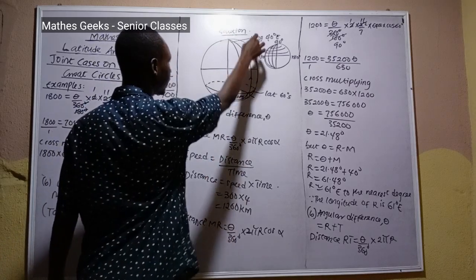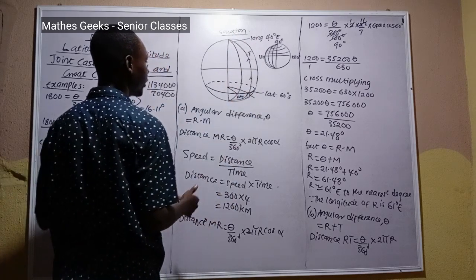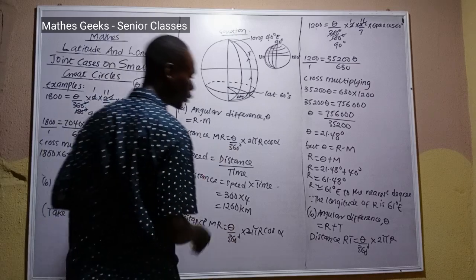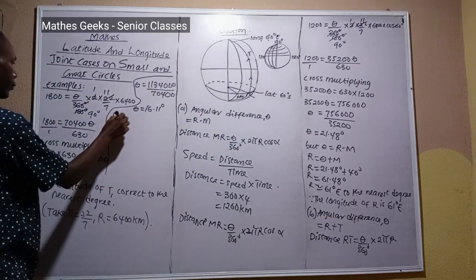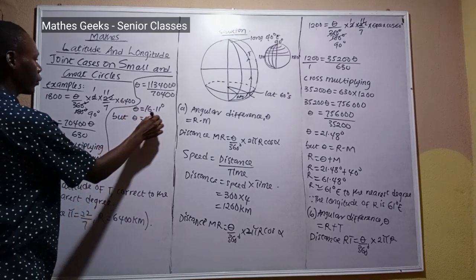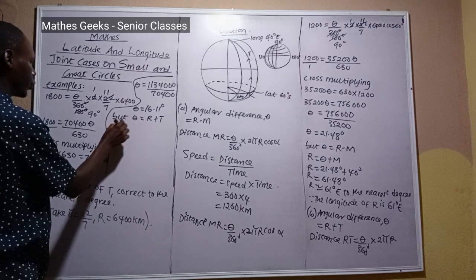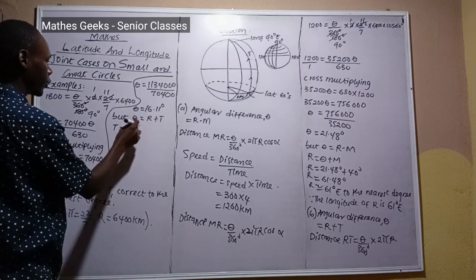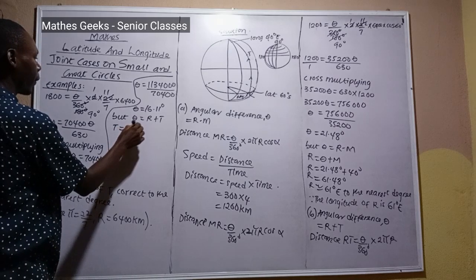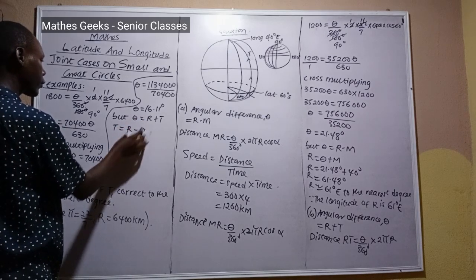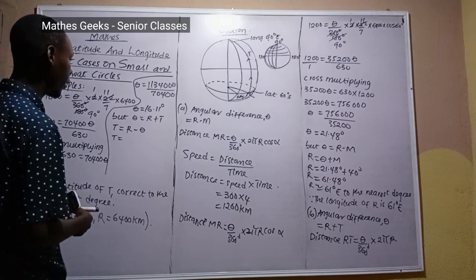Since T is in the northern hemisphere and R is in the southern hemisphere, to get the angular difference you would have added R plus T. So following that, theta is equal to R plus T. And now we're looking for the latitude of T. So T is equal to theta minus R.